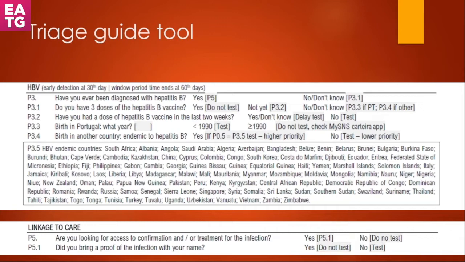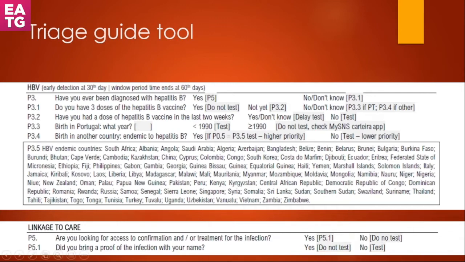If they are born in Portugal, we ask in which year they were born, because people that were born after 1990 are more likely to be vaccinated, since hepatitis B was introduced into the national vaccination program for all children as universal care. If they were born before 1990, they should be offered testing. It's somewhat likely that they are not vaccinated against it.